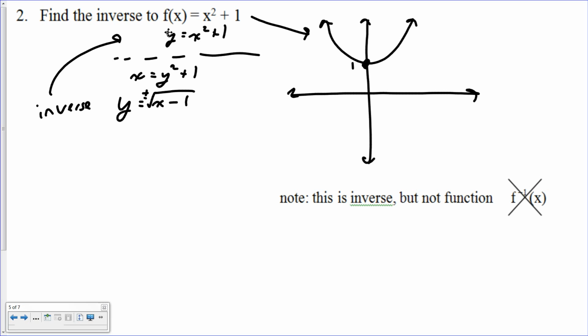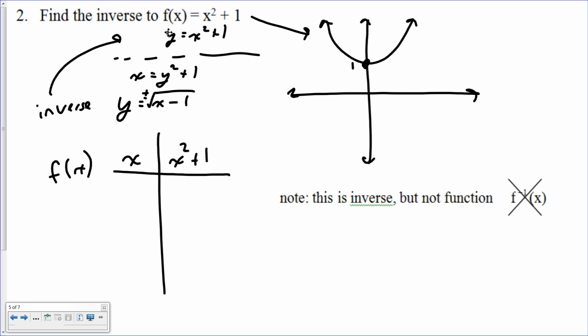Well, what's happening is I'm taking every point on that parabola and I'm switching the x and y around, and that's going to be plotted on my inverse graph. So if I were to just put some points here, this is x, and then I want to do x squared plus 1. This is just my f of x here I'm talking about.